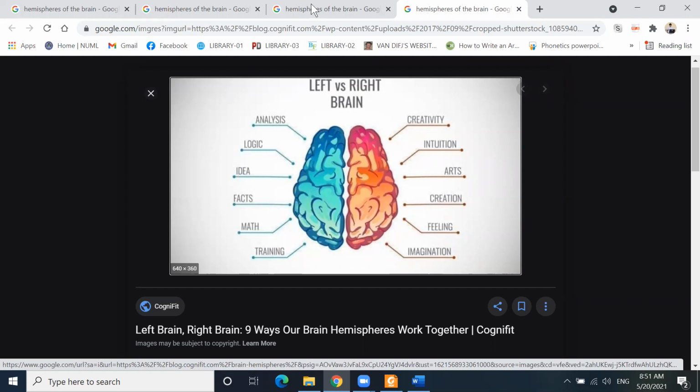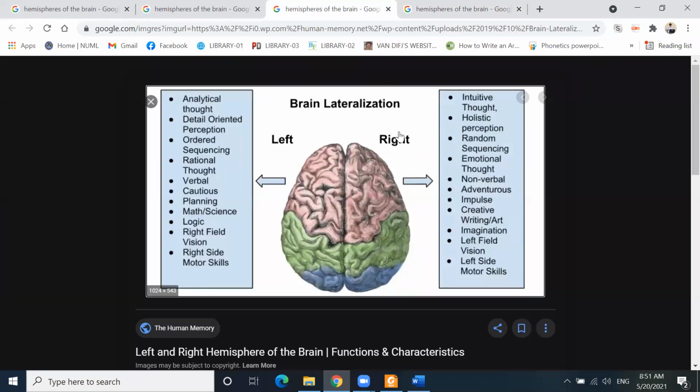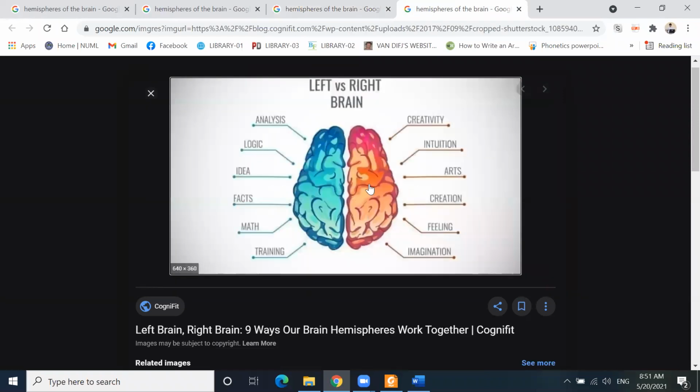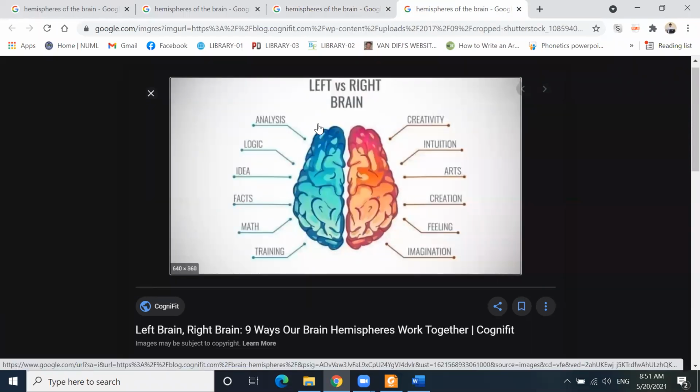Now remember one thing: the right side of the human brain controls the left side of our body, like our left hand, left leg, starting from the very forehead till the last fingers of our feet.